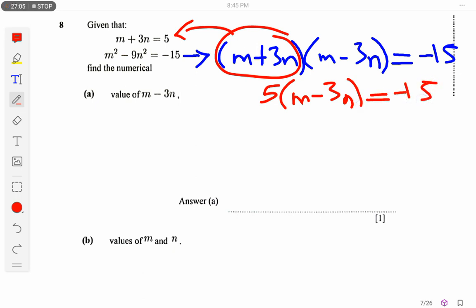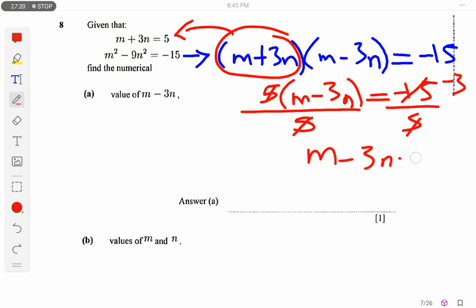I've eliminated m plus 3n because we were given it here. Now with this, I can divide everything by 5, everything by 5. So this 5 and 5 cancels. Here we get minus 3. So my m minus 3n is equal to minus 3. So that's the numerical value of m minus 3n there.